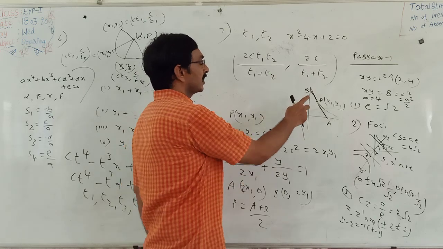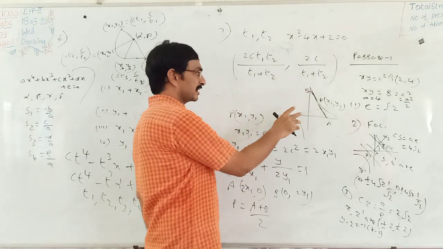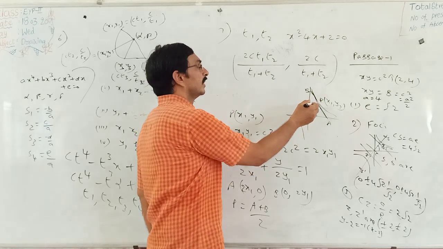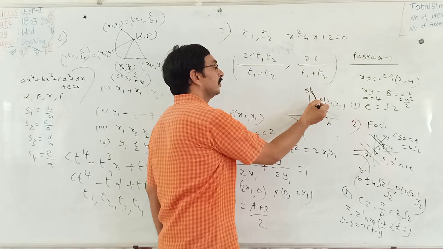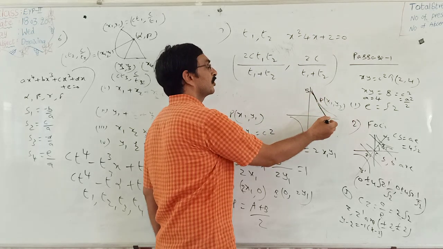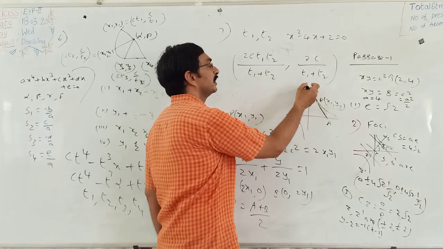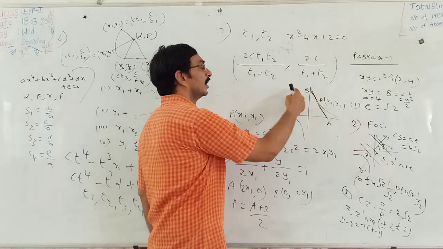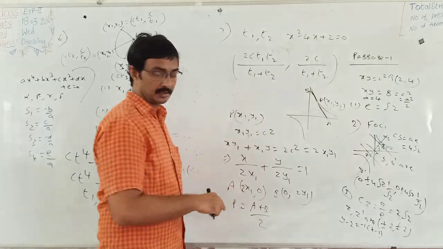There is only one curve that exists which satisfies the property. That property is: take any point on the curve, draw the tangent, it cuts the coordinate axes at A and B. Then clearly P is the midpoint of AB. Here the coordinate axes are the asymptotes of the curve xy equals c square.